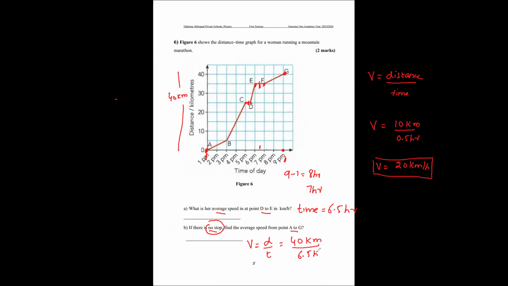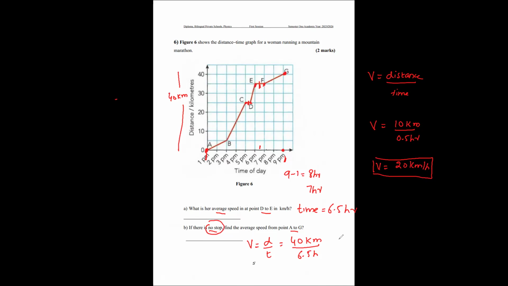So 40 divided by 6.5 is actually, just divide. Okay, wait. 40 divided by 6.5, 6.15 kilometer per hour.